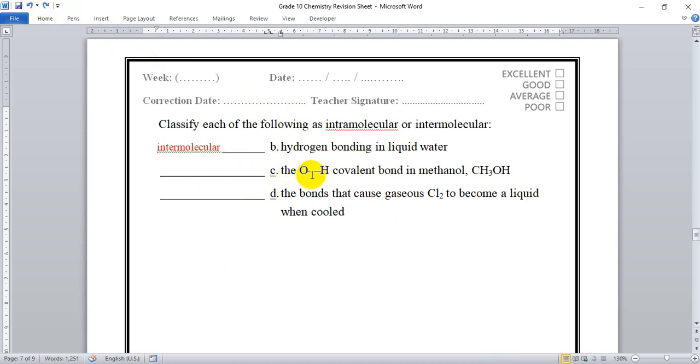The O-H bond, a covalent bond in methanol, CH3OH, is within the same molecule, so it is intra. The bonds that cause gaseous Cl2 to become a liquid when cooled: here the force attracts different molecules together, so it is intermolecular, between different molecules.